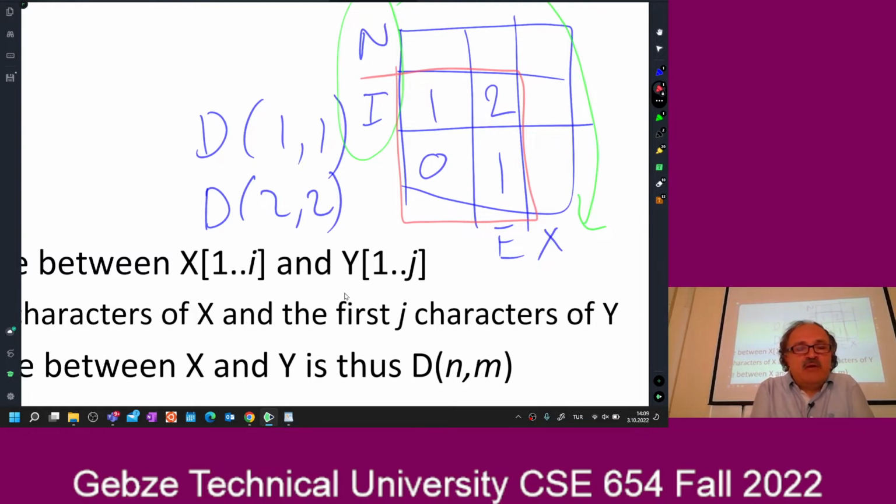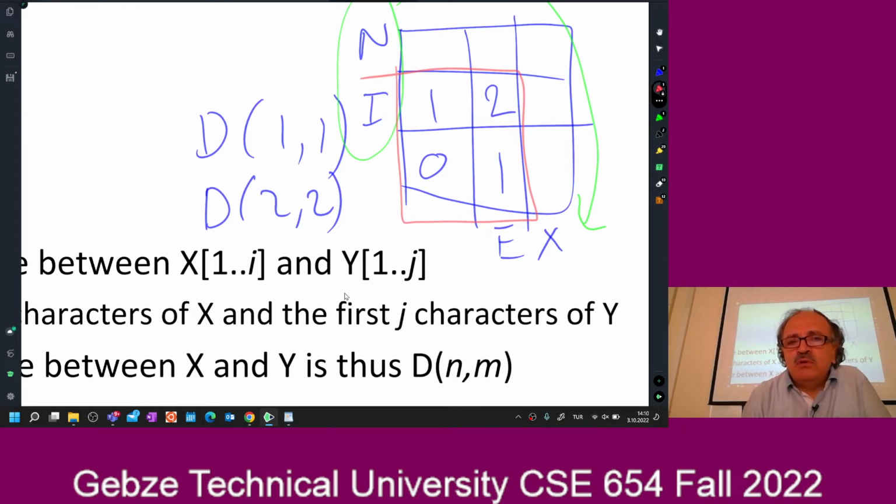I use that solution. So if I know how to find the edit distance I and E, then remember we are trying to find the distance between intention and execution. I already solved the problem between these two letters. Maybe if I solve the rest of it, I can combine it with this one.